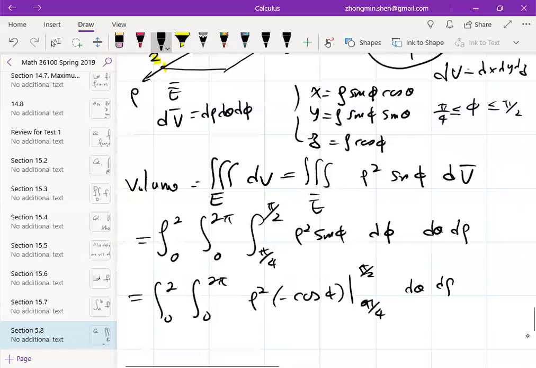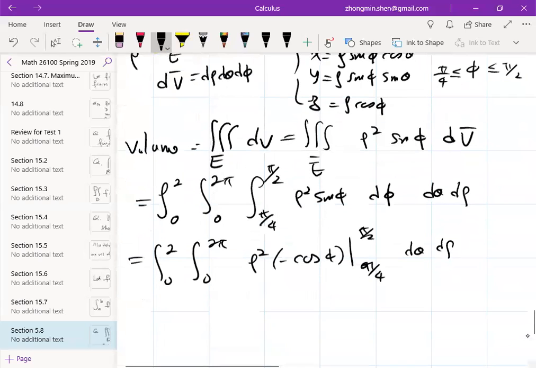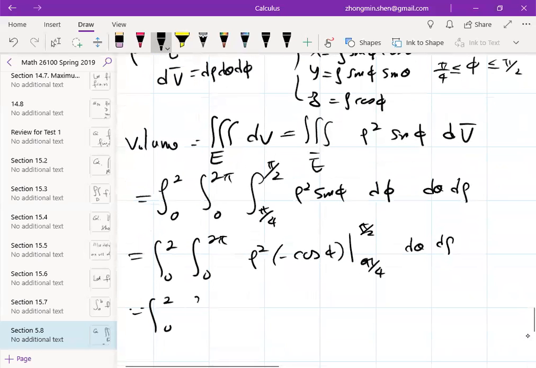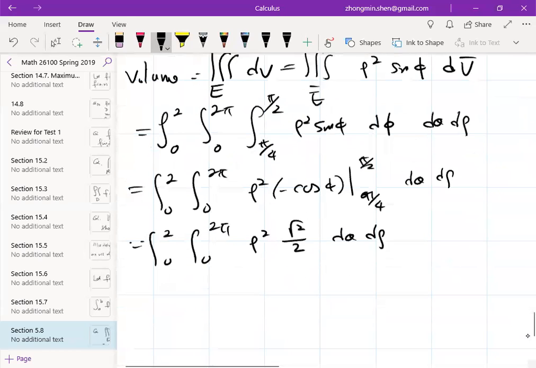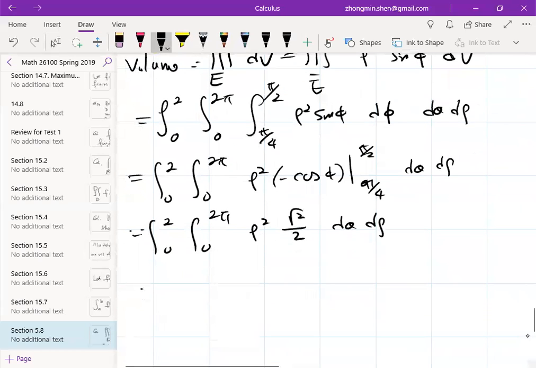Cosine pi over 2 is 0 anyway. So we get minus negative square root 2 over 2, giving rho squared times square root 2 over 2. The next integral is independent of theta, so I get 2 pi. So 2 pi times square root 2 over 2 is pi square root 2 rho squared.